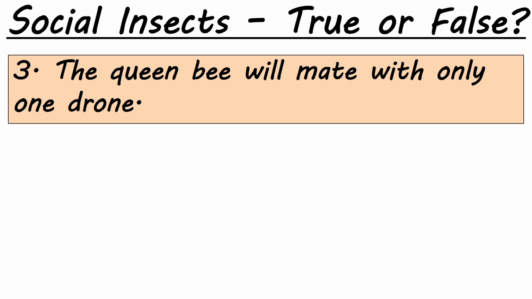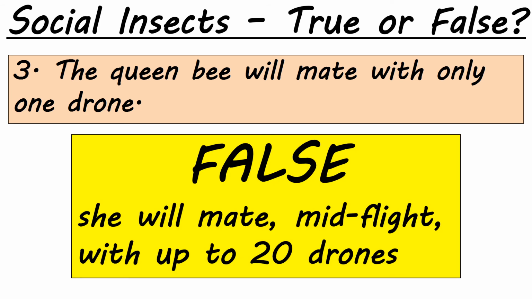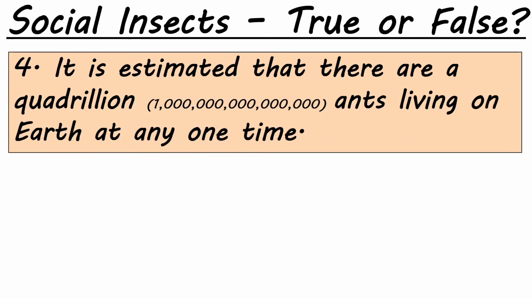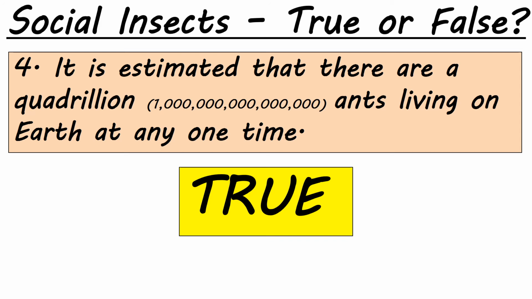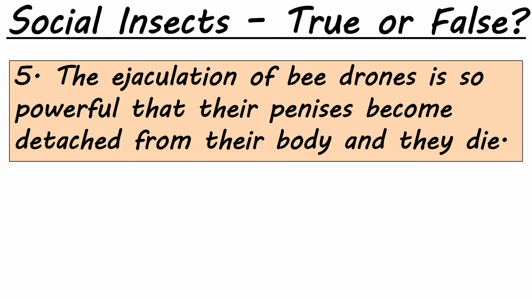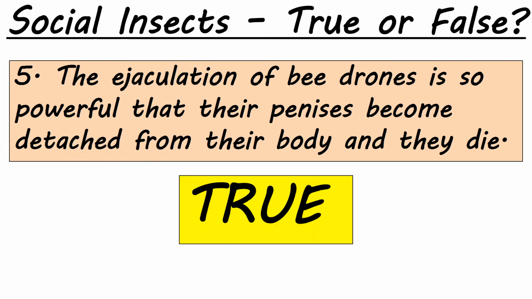Number 3, the queen bee will mate with only one drone. That is false. She will mate mid-flight with up to 20 drones. Number 4, a quadrillion ants. That's true. And number 5, the ejaculation of bee drones is so powerful that their penises become detached from their body and they die. Now, I suppose what you have to think, if this is false, then I've made that up, which would be quite a vivid imagination, so it is true.